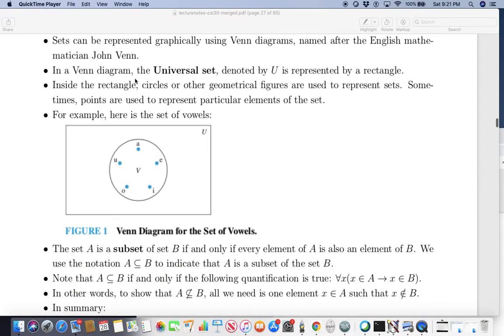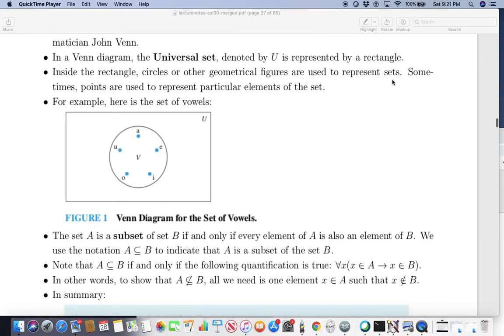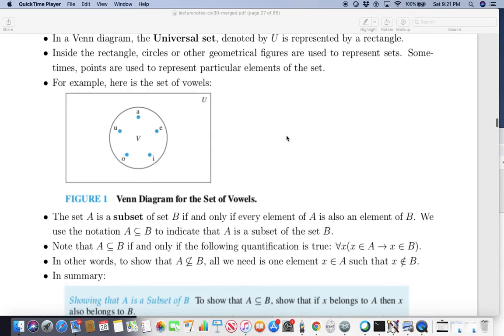In a Venn diagram, the universal set, denoted by U, is represented by a rectangle. Inside the rectangle, circles or other geometrical figures are used to represent sets. Sometimes points are used to represent particular elements of the sets.